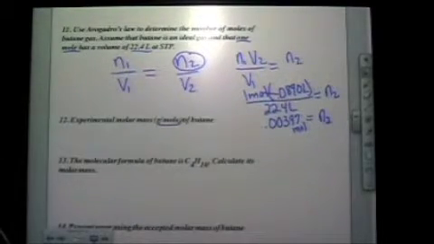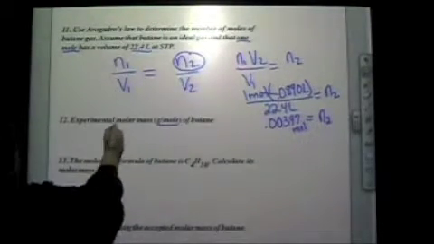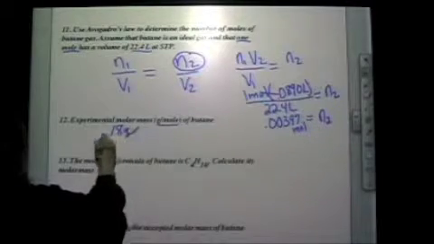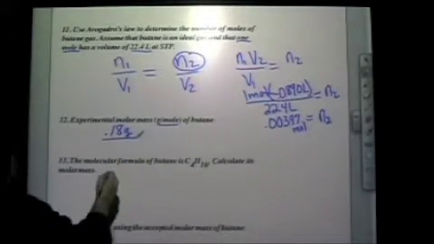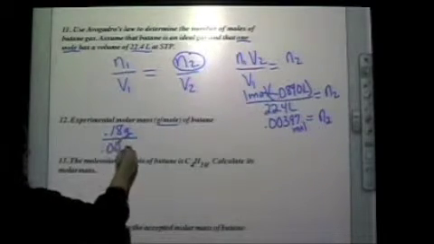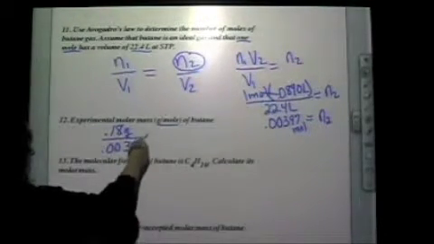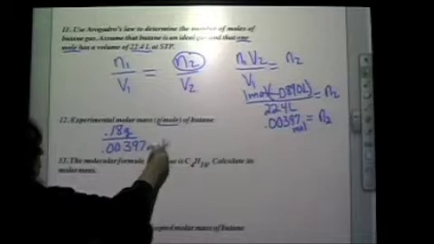Now, experimentally, how many grams? Okay, grams per mole is molar mass. So, go back to question number 6, mass of butane collected. We had 0.18 grams over 0.00397 moles.